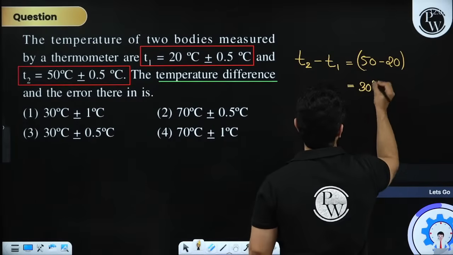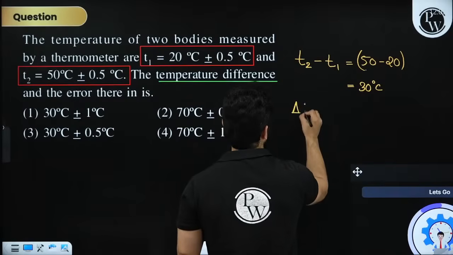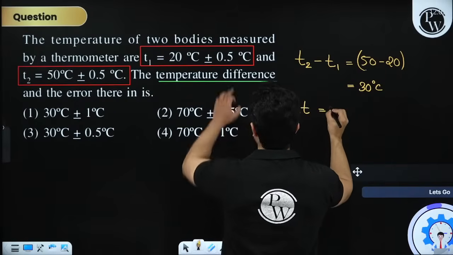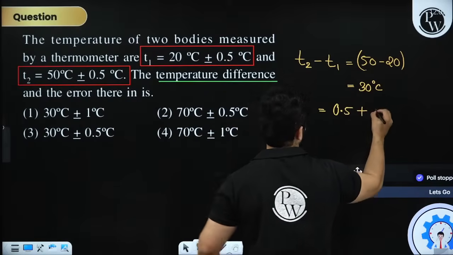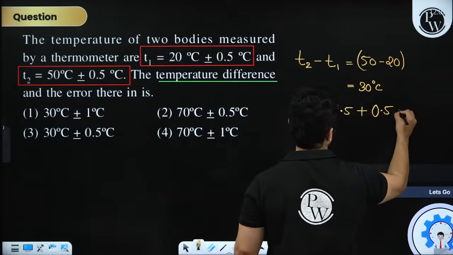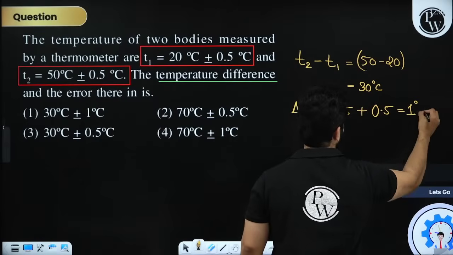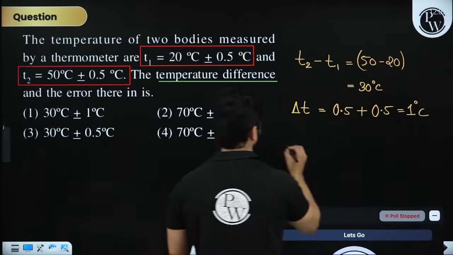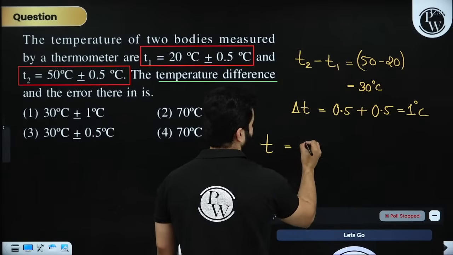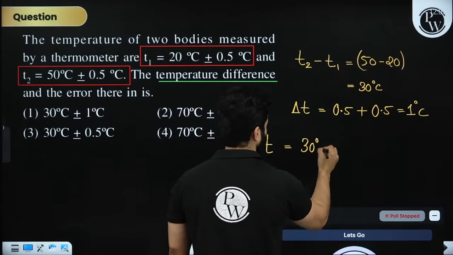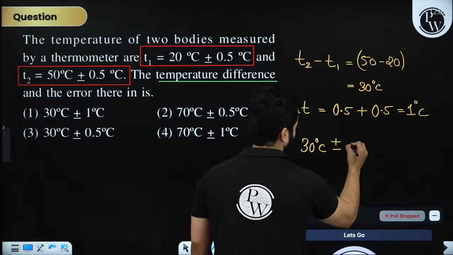Now let's also find the error in this. Please remember, errors always add up. So 0.5 plus 0.5 gives you 1 degree Celsius. That means finally you are going to write the temperature as 30 degrees Celsius plus minus 1 degree Celsius.